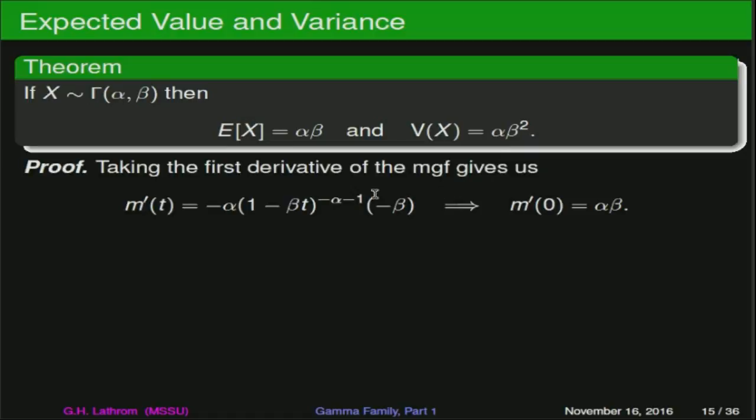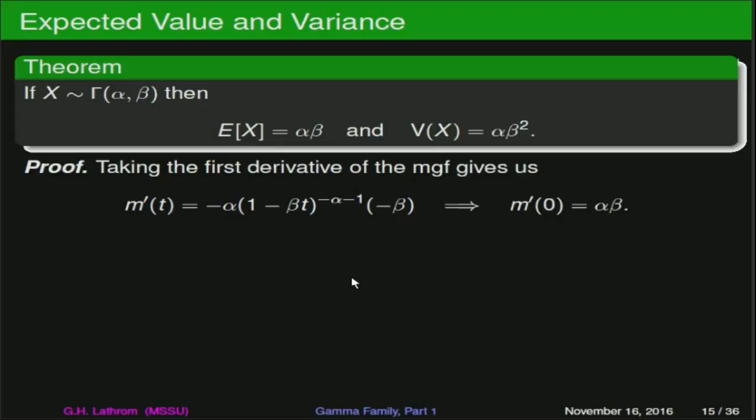We take the first derivative of the moment generating function, which gives us this expression here. We plug in 0 for t, and sure enough, the mean is alpha times beta.